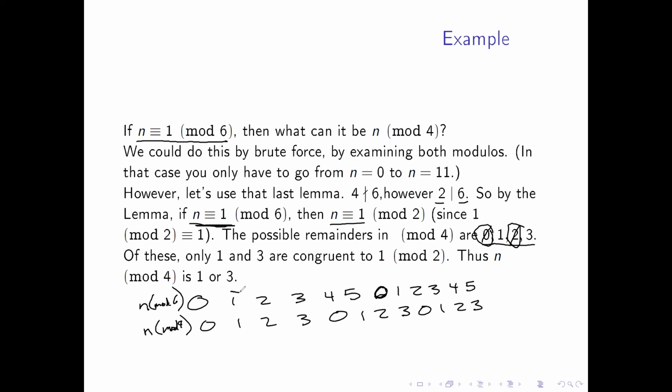So let's look at where these are up in the mod 6. It turns out the corresponding values down the mod 4 are 1 and 3. And that's an easier way to do it, simply take the greatest common factor of the two values and utilize that. Well, that's great.